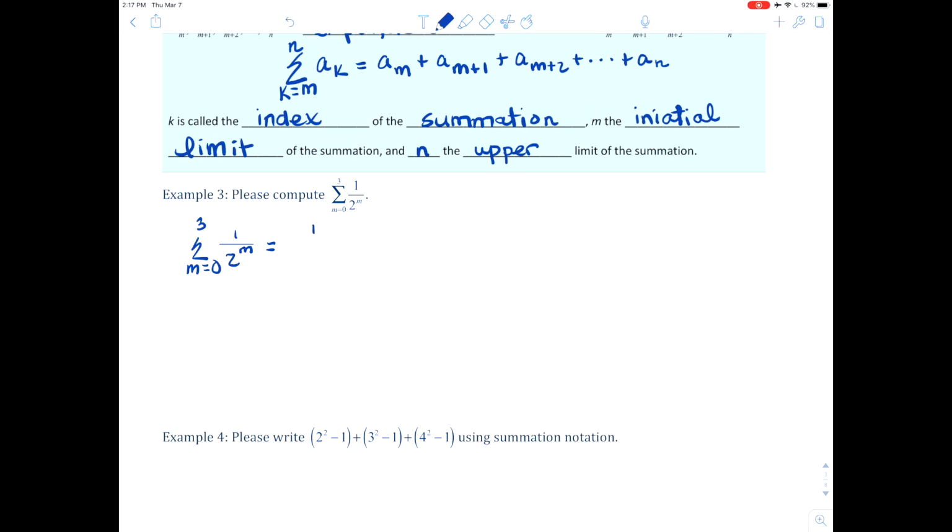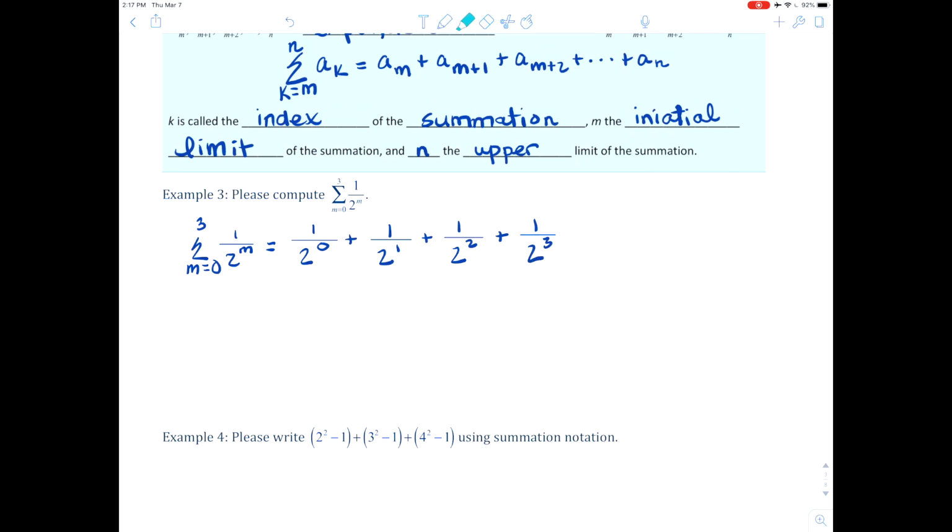So we would have 1 over 2 to the 0 plus, awesome, 1 over 2 to the 1 plus 1 over 2 squared. And that upper limit of the summation was 3, so we're almost done. 1 over 2 cubed. Cool so far?